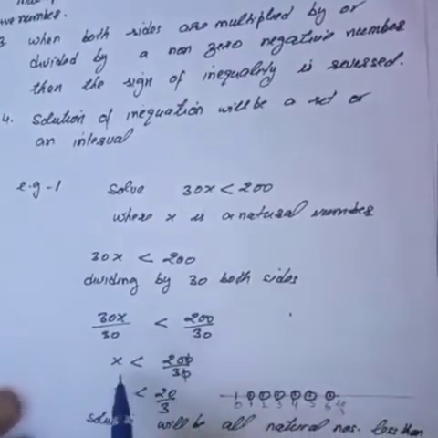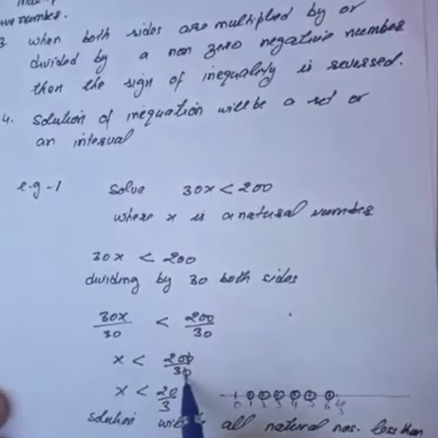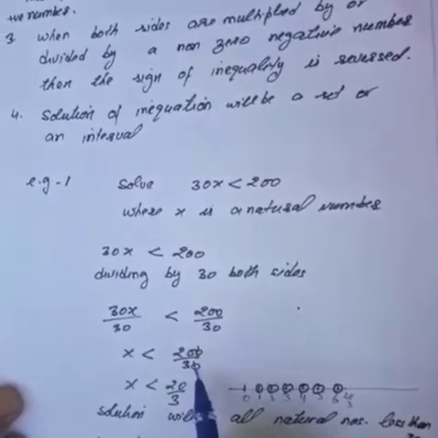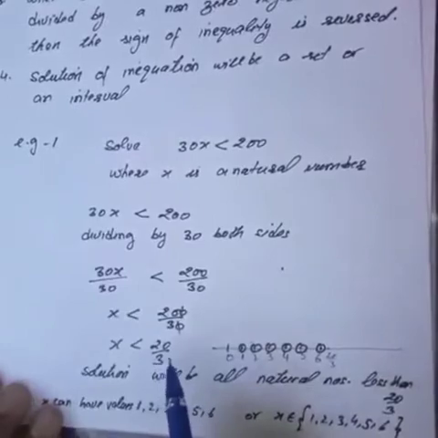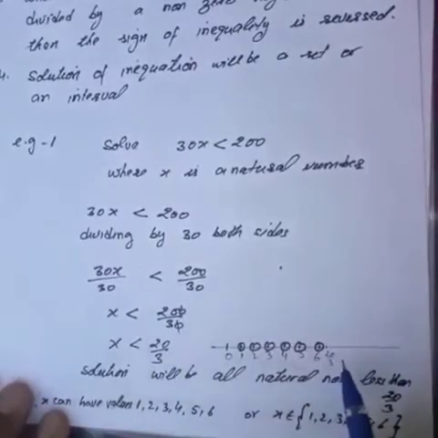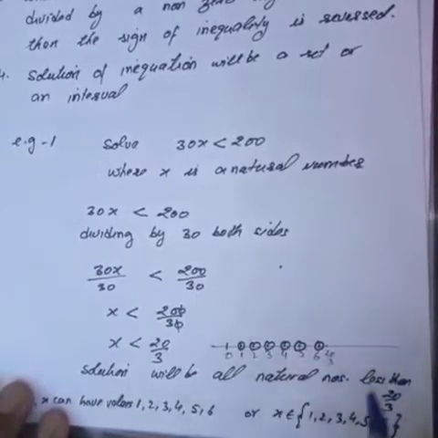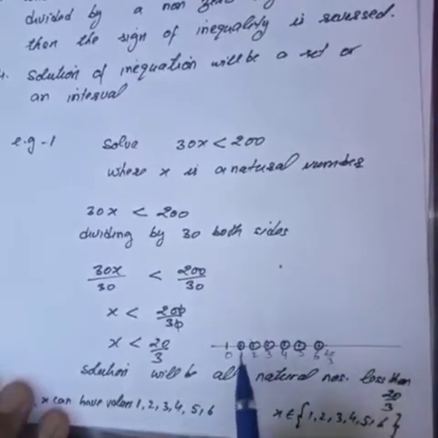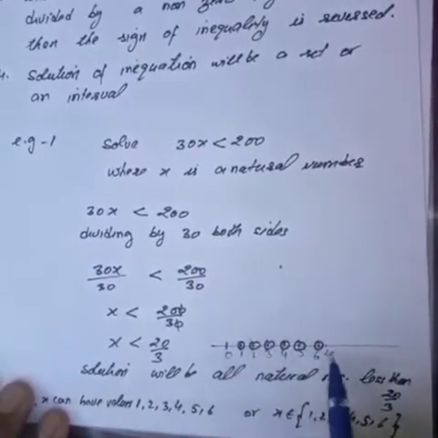After dividing, we have x is less than 200 upon 30, that is x is less than 20 upon 3. Now 20 upon 3 in decimals is 6 point something, and you represent this value on the number line.